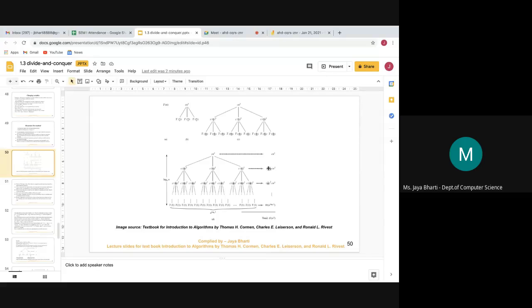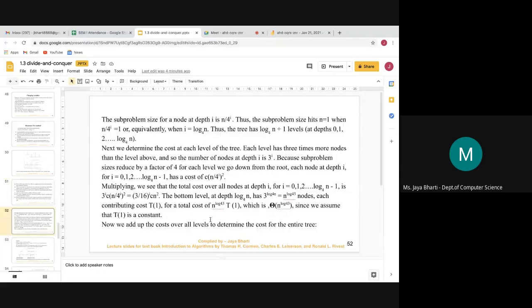So it is n by 4 to the power i, whole square.